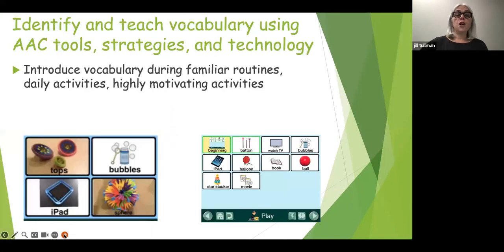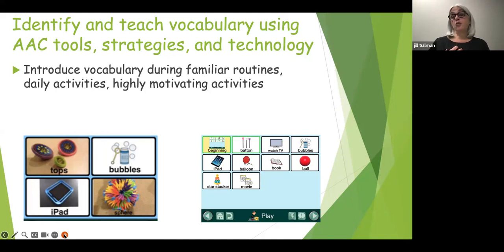Okay, so I have some examples of teaching vocabulary that I'm just going to run through pretty quickly. When we're introducing vocabulary, we want to do so during familiar routines, daily activities, and highly motivating activities.